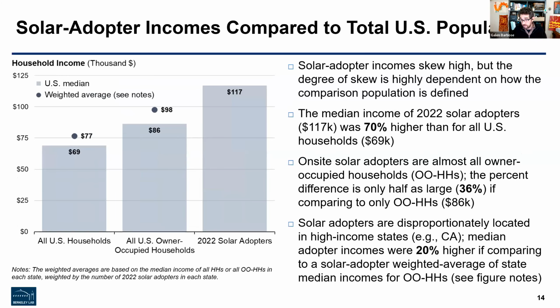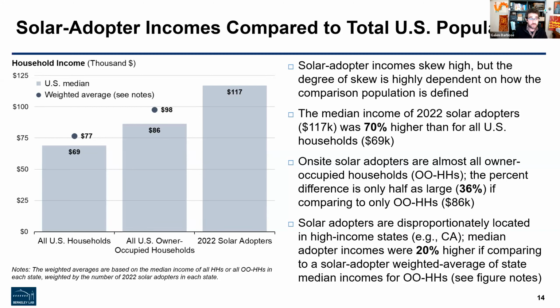Now, notwithstanding the fact that adopters come from all different income brackets, they do, as a whole, tend to skew high relative to the population at large. Here we compare nationally the median income of solar adopters in 22, that's the bar on the far right-hand side, to the median income of all US households and all US owner-occupied households.